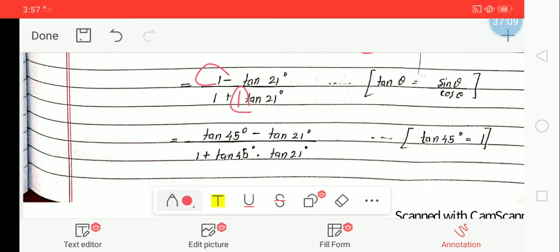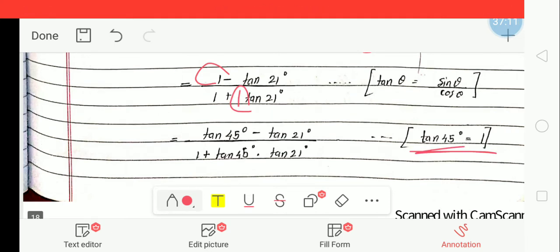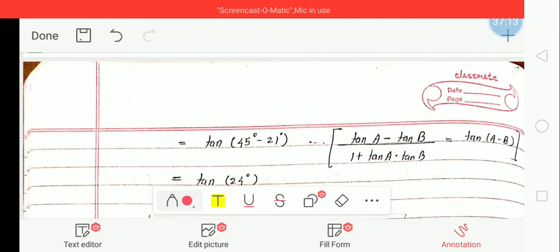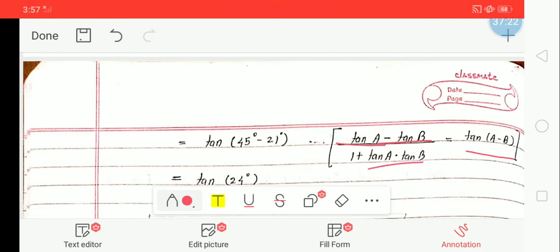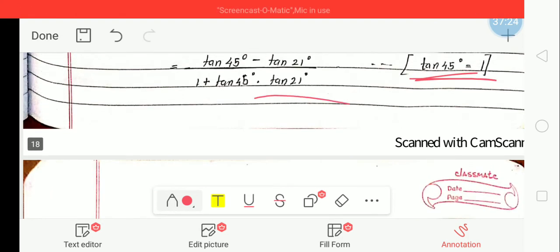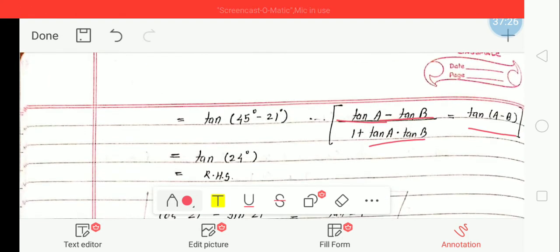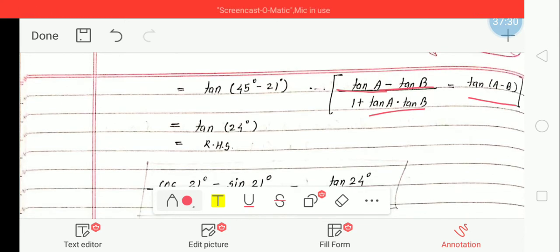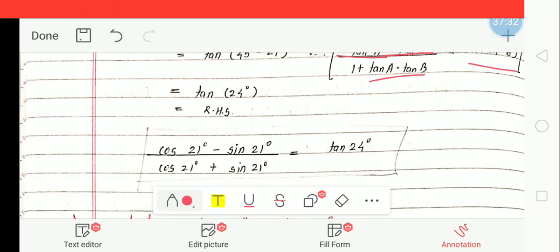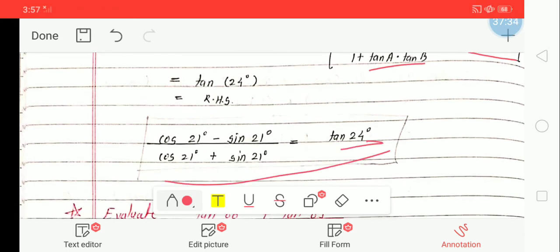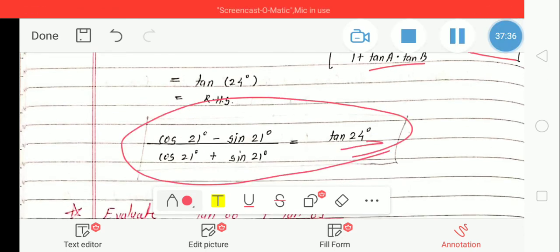So this one is tan of 45, putting tan of 45 equal to 1. Now we know that tan of a minus b is tan a minus tan b divided by 1 plus tan a tan b. Here a is 45 and b is 21, so 45 minus 21, tan of 24. So we have proved it. Hence proved.